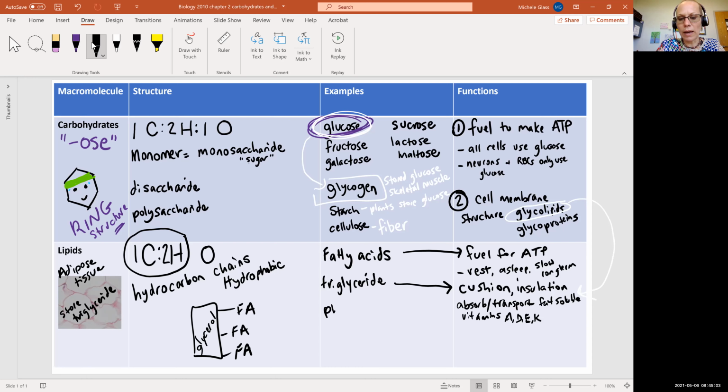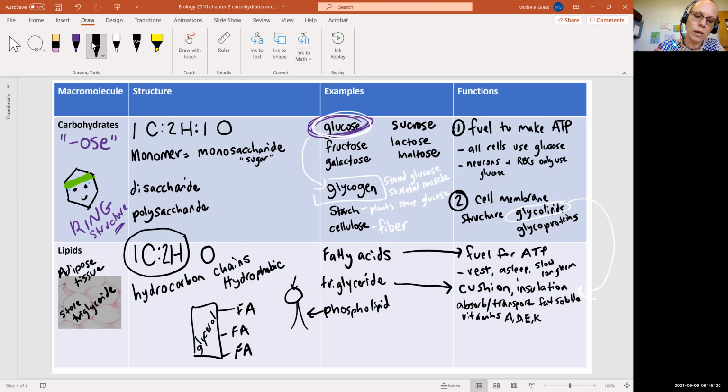Next, let's take a look at our phospholipid. And I'm going to draw a picture of it right here. So that's my phospholipid. I don't like how I drew it, so I'm going to go like this a little bit.